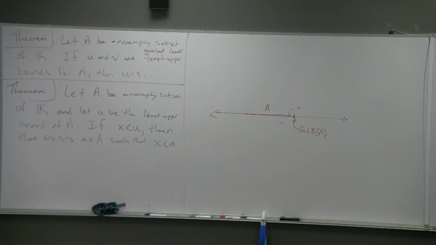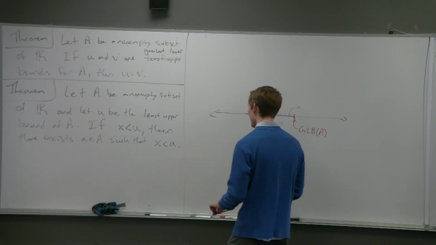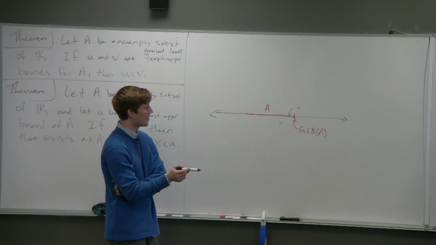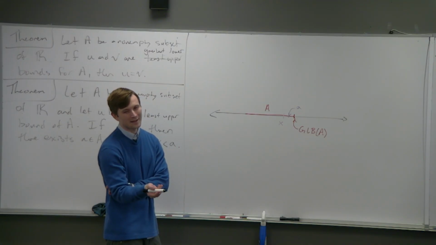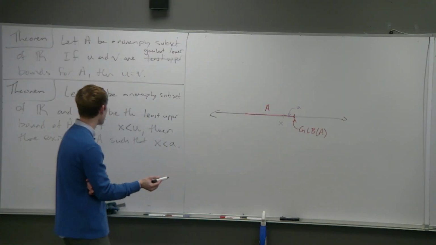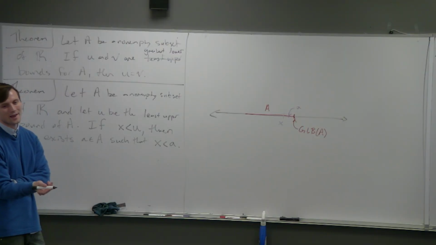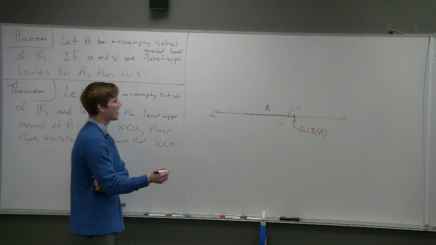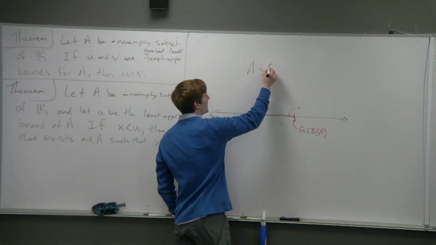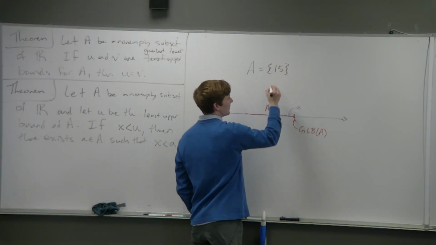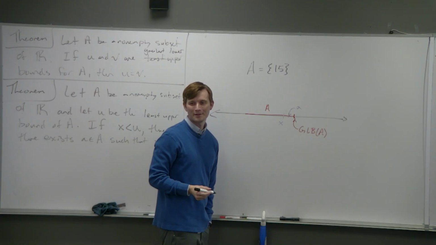Actually, maybe there's a caveat to it. I shouldn't say that there's an infinite number of elements. That is actually not entirely correct. So maybe there's a piece here that we should be careful with. For instance, take a 1-element set. What does this say then? What if, say, A is just the set {15}? That's a non-empty subset of the reals.